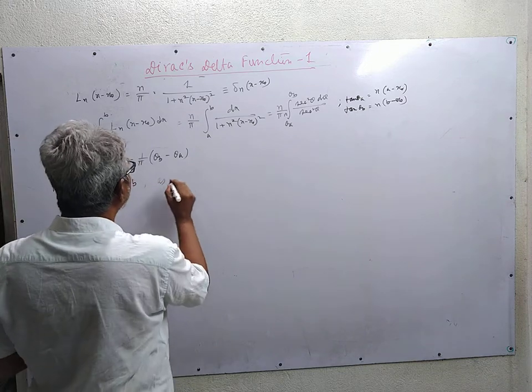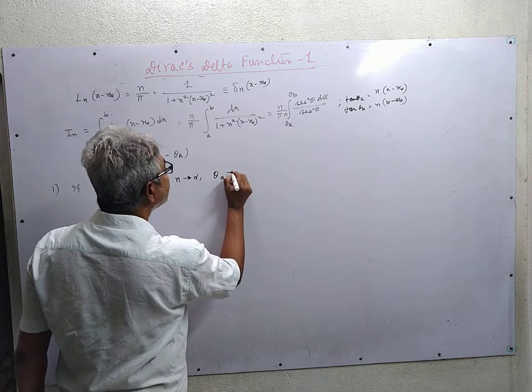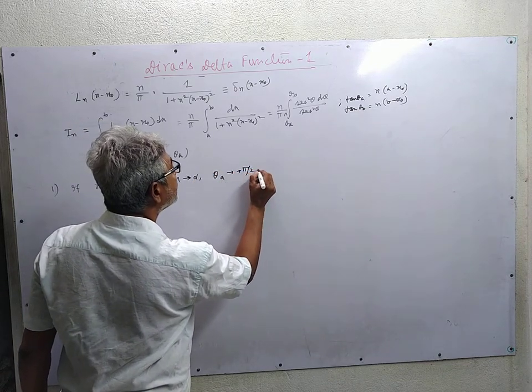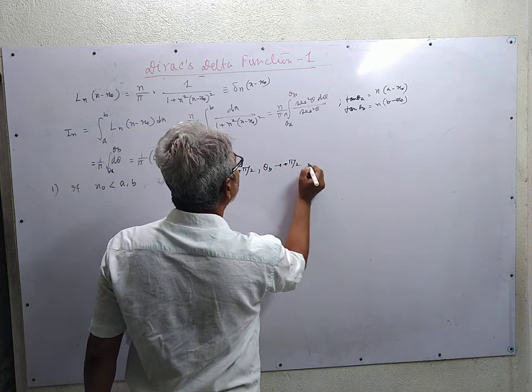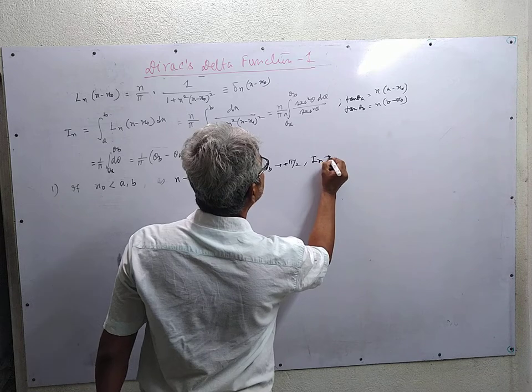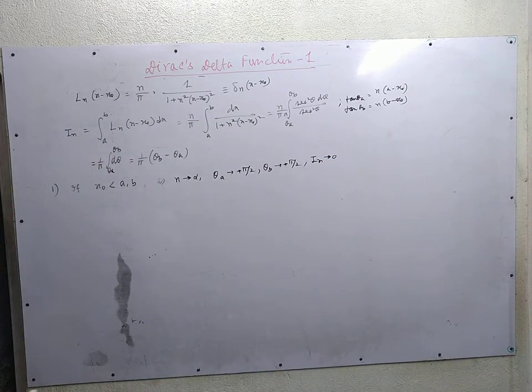As n tends to infinity, theta a tends to plus pi by 2, theta b tends to plus pi by 2, and I n is equal to 0. Let me explain once more.